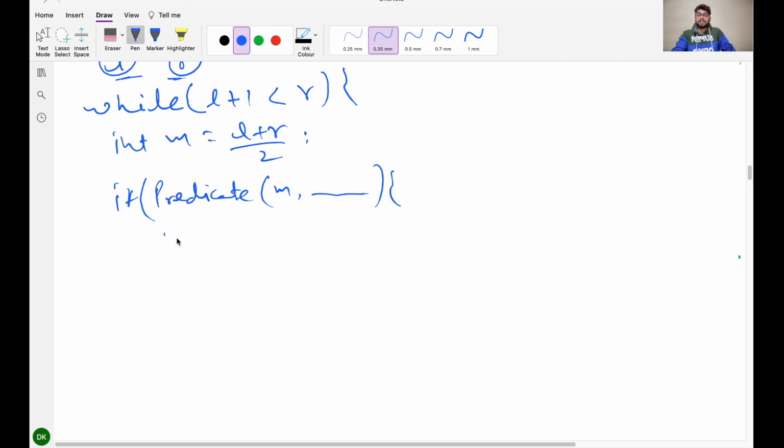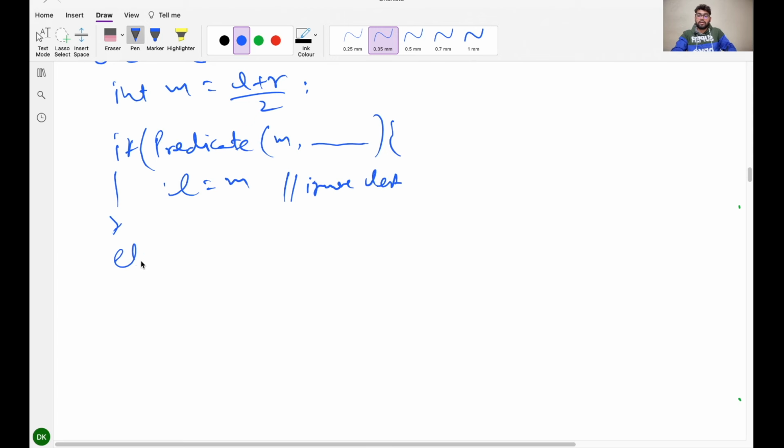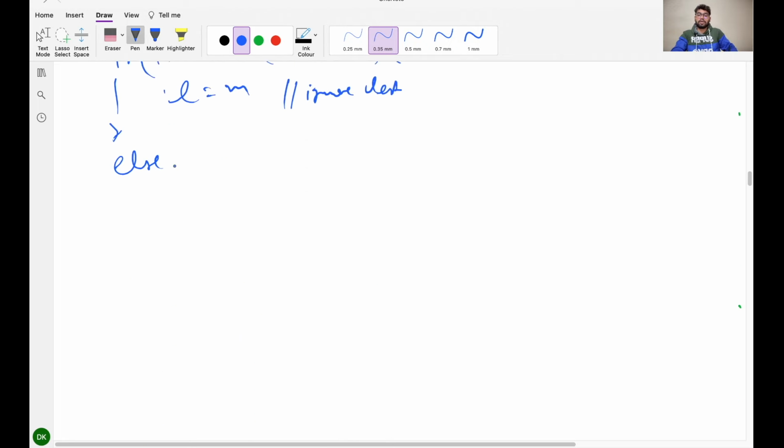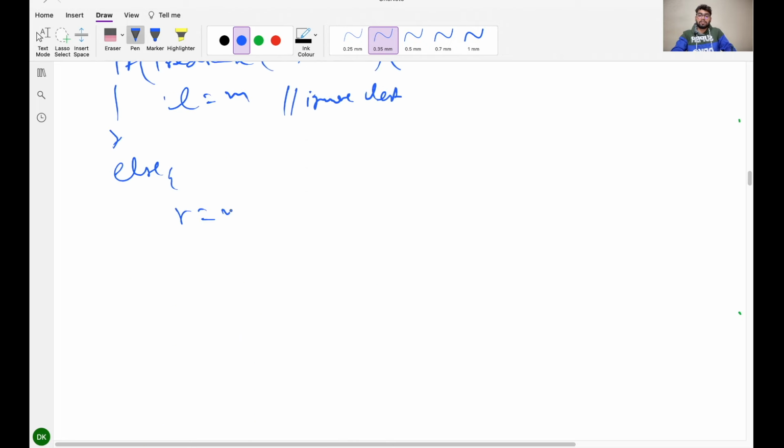If this condition is satisfied, then I just ignore my left part. And if it fails, then I am at the other region, and I just have to ignore my right part.